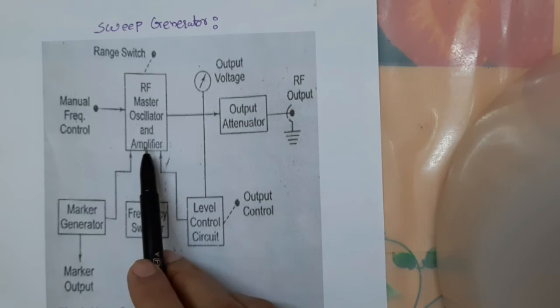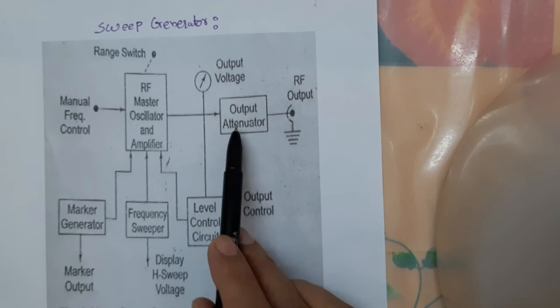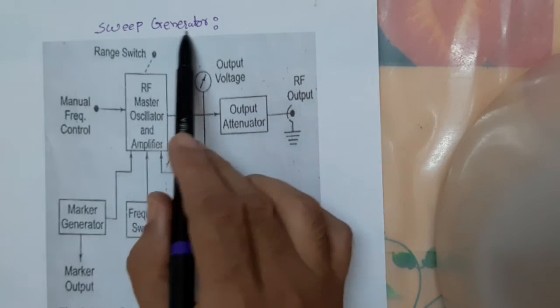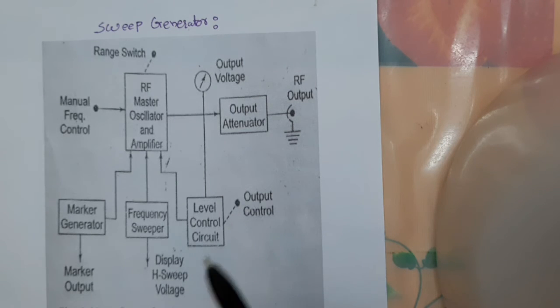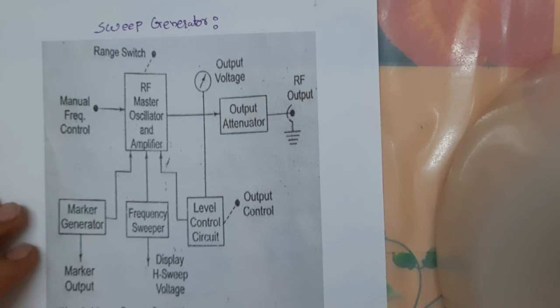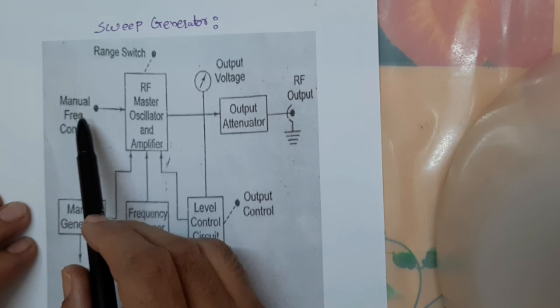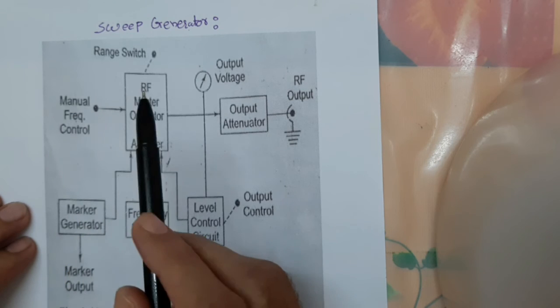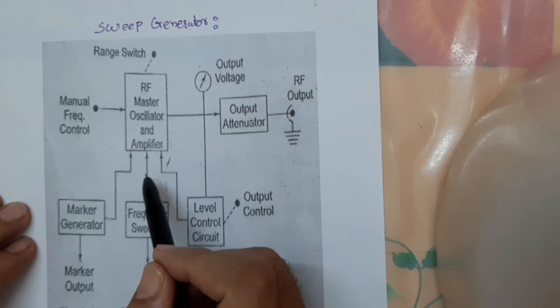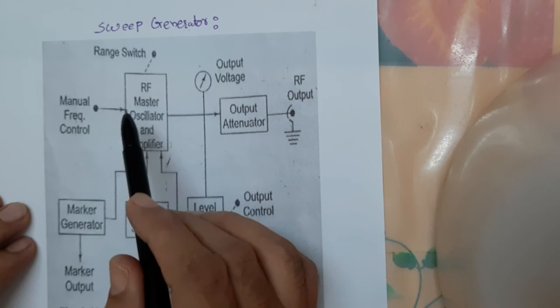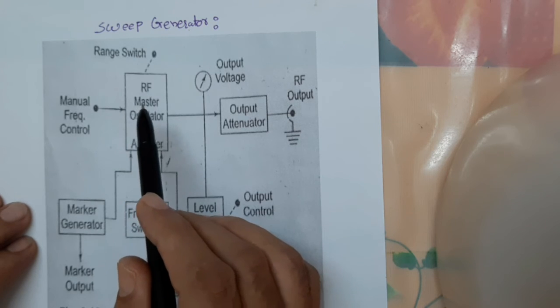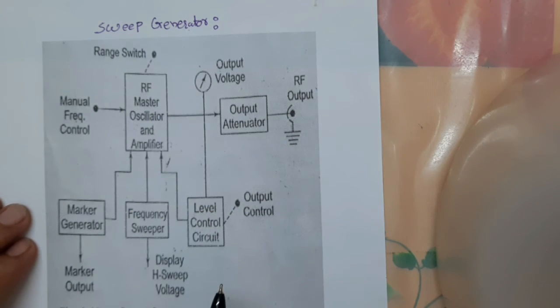This is your oscillator, this is your attenuator, and in between there are other parts which make this a sweep generator, or another type of generator, by making different parts in between the oscillator and attenuator. Here, for manual control, we can change the frequency manually as well as electronically. The frequency is changed in this oscillator circuit by changing the reactance of the inductor inside the oscillator circuit.